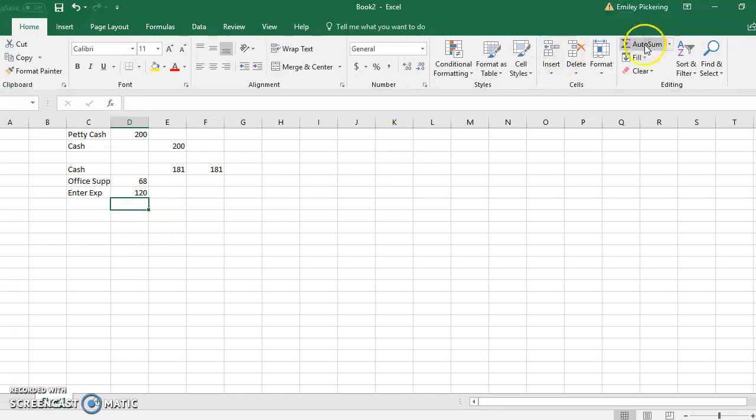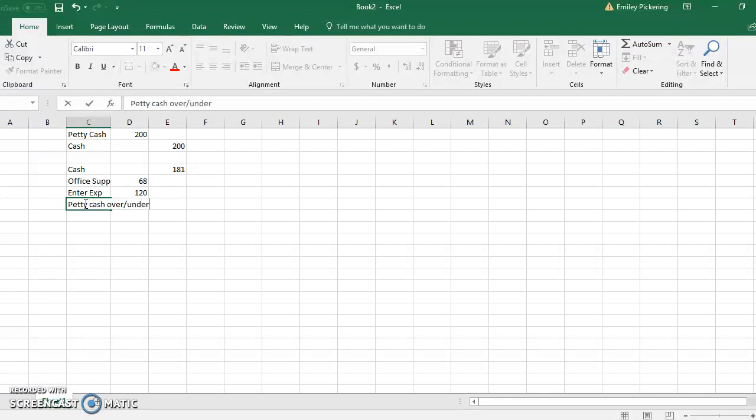Let's go ahead and look at our journal entry here. So we have 188 here and 181 here. So clearly this journal entry doesn't balance. We're going to need $7 on the credit side in order to make this balance. That's because something happened with our receipts and our cash that did not make it balance. And we're going to call that a petty cash over under.